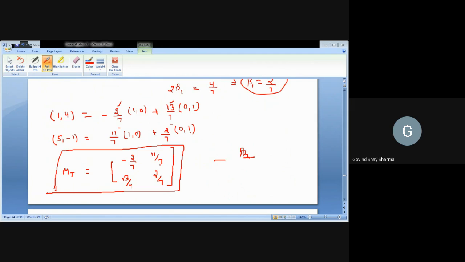Now these two examples: one is the linear combination of the usual basis, and the second is where the bases are given. Now we do another example, where the same method we apply.